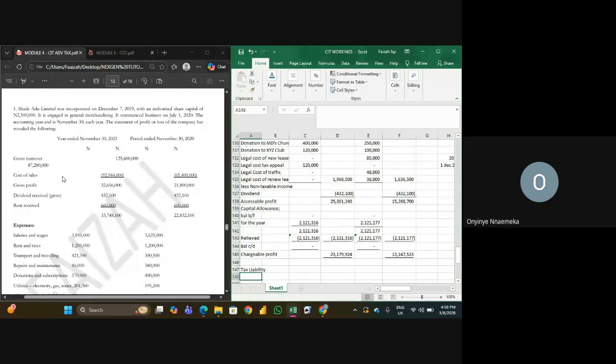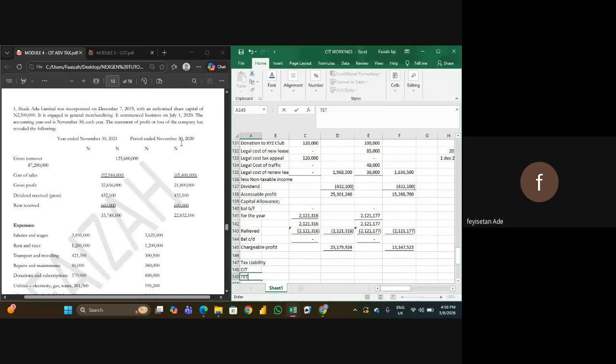Which category of company does Shadi Adu fall into in this first year? Medium company, large company, or small company? Large company.